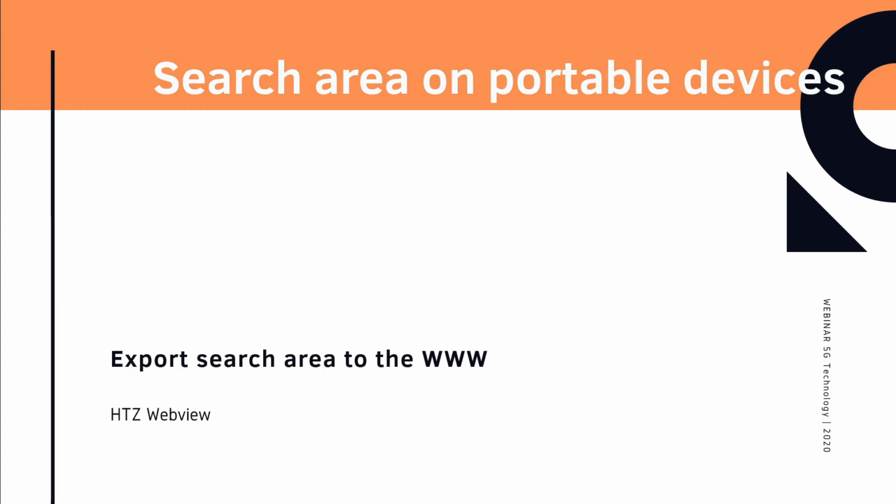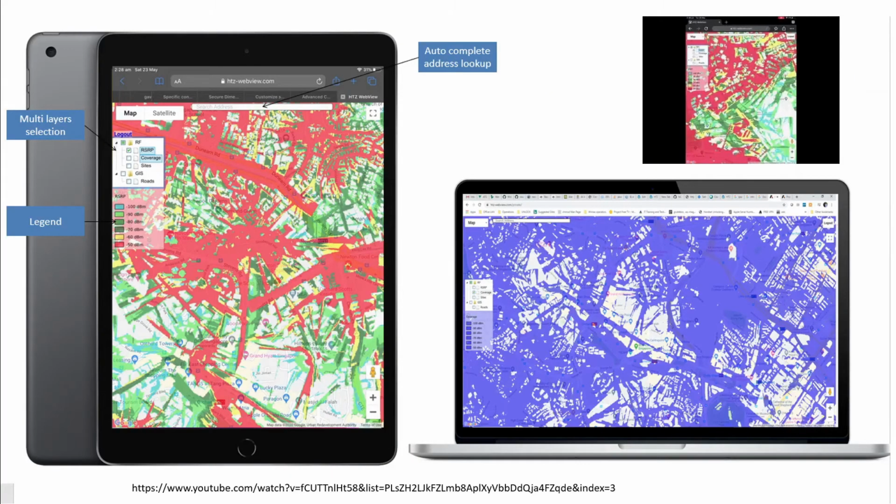So any device with a web browser, you could actually go and publish that coverage there. So if it's a team working on this, it would be useful, for example, to exchange the coverage in a platform, and then be able to check your location against that search area.